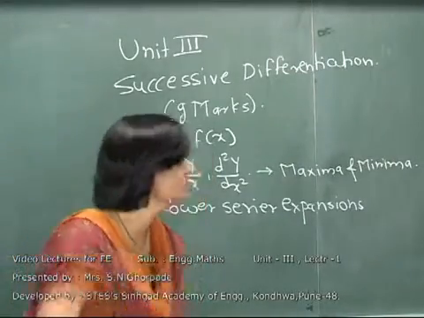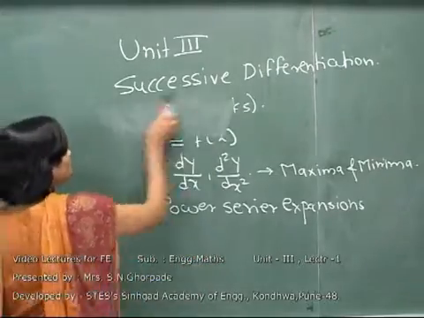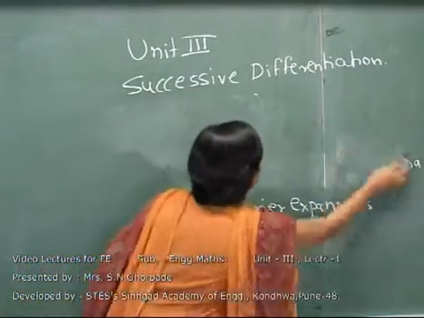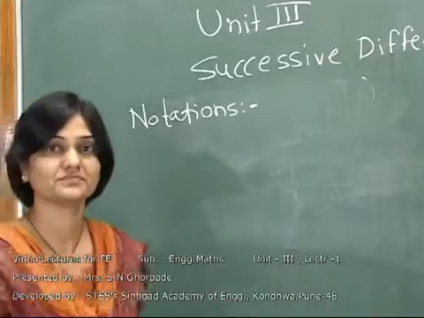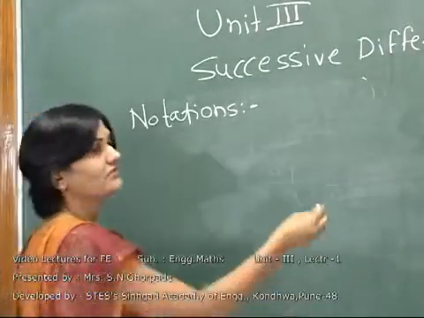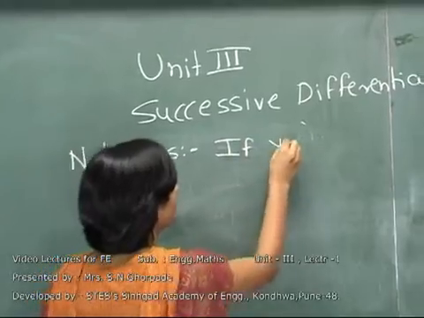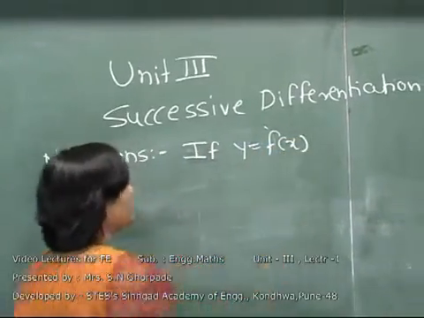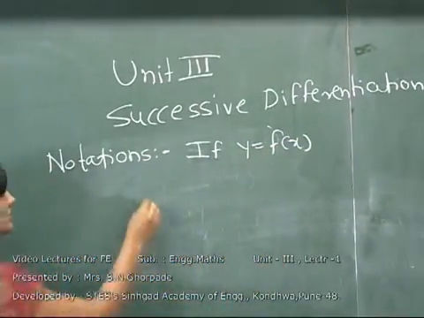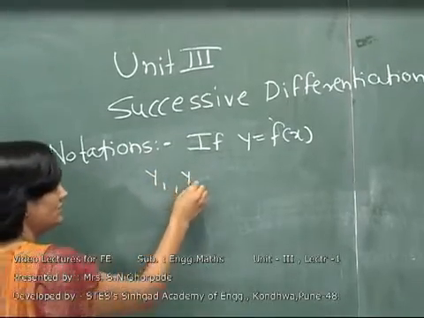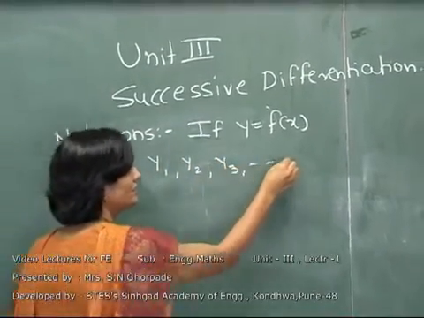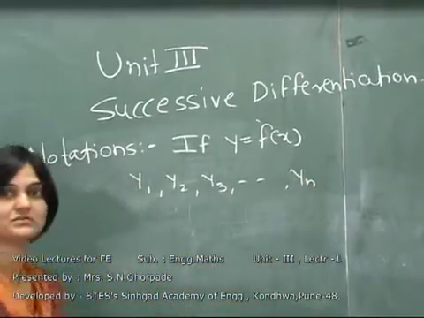Now we'll start with notations which we are going to use in this. Say if we have given function y equal to f of x, then its derivatives we denote either by y1, y2, y3 up to yn.